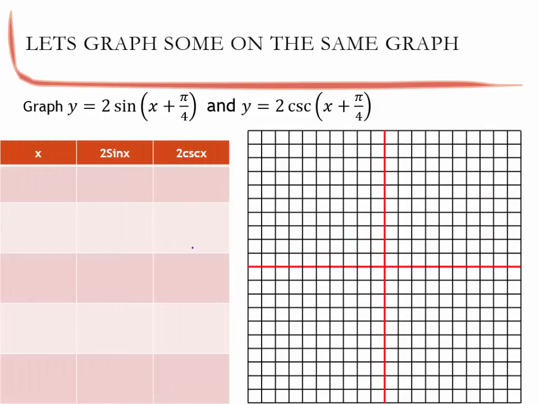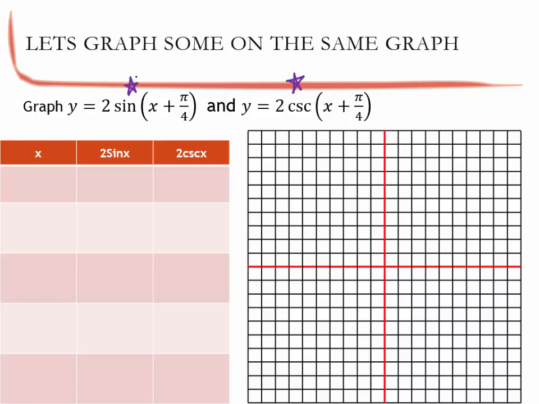Alright, so we are going to do this one. Now, this one is pretty standard, okay? Mainly I want to be able to graph this second function, but to graph it, we need to graph our first function.